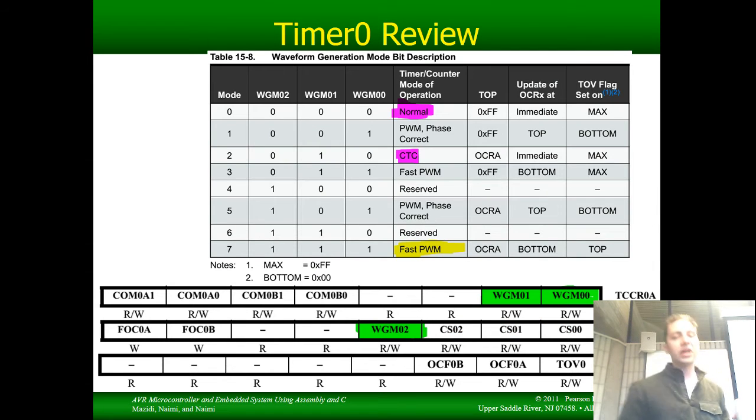For the waveform generation mode bits, typically we've only used the ones I highlighted in pink, normal and CTC mode. We're going to continue using those modes. I know I highlighted fast PWM in yellow, but we won't do that just yet. We're going to continue using just these 2 modes, but we're going to add in some extra stuff.